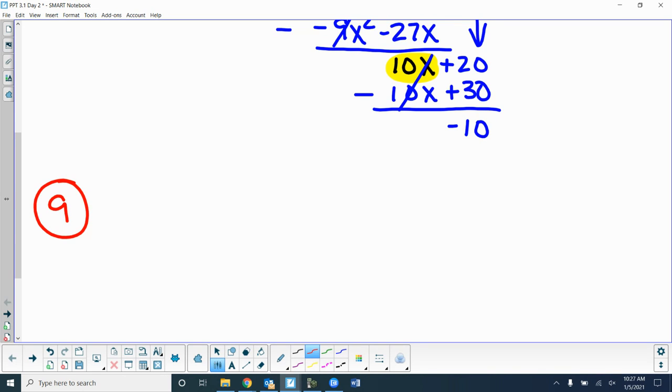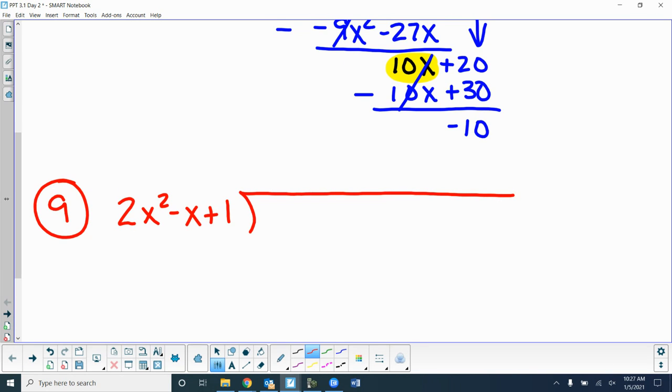Okay, that had a trinomial out front, right? 2x squared minus x plus 1. That's okay. And then we've got an x to the 4th, x cubed, x squared, x and the constant.